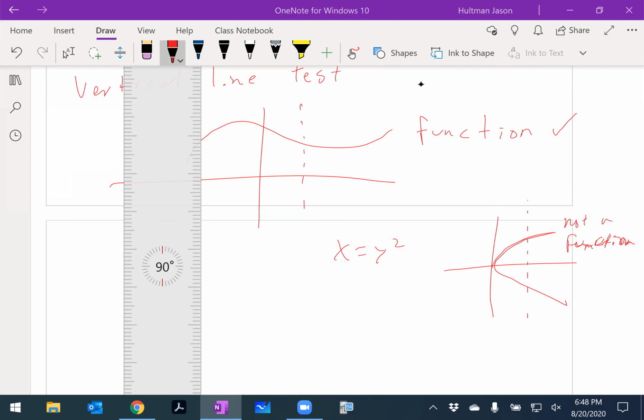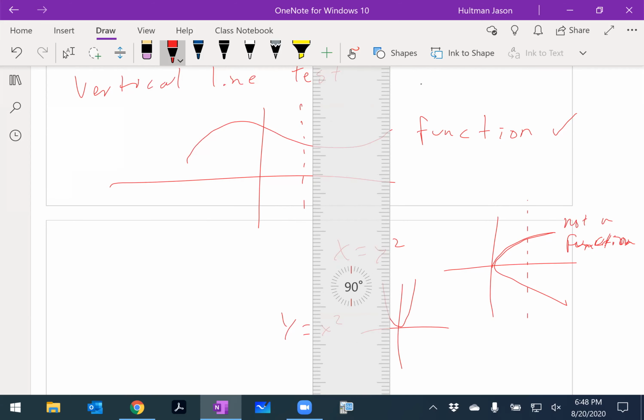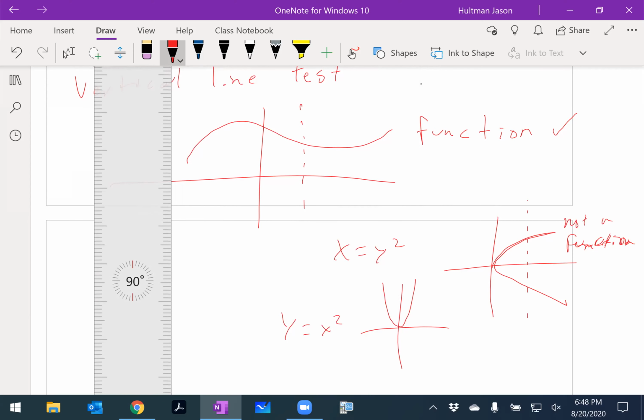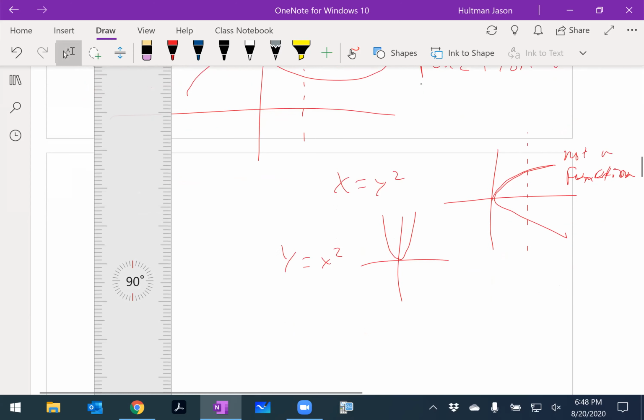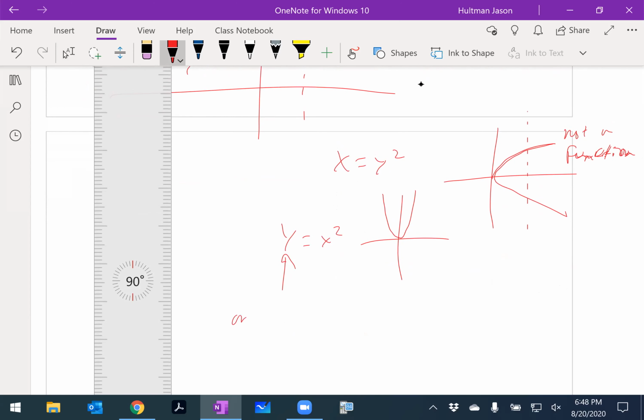Okay, what about y equals x squared? Is that a function? Yep, that's a function. Any equation solved for y is a function.